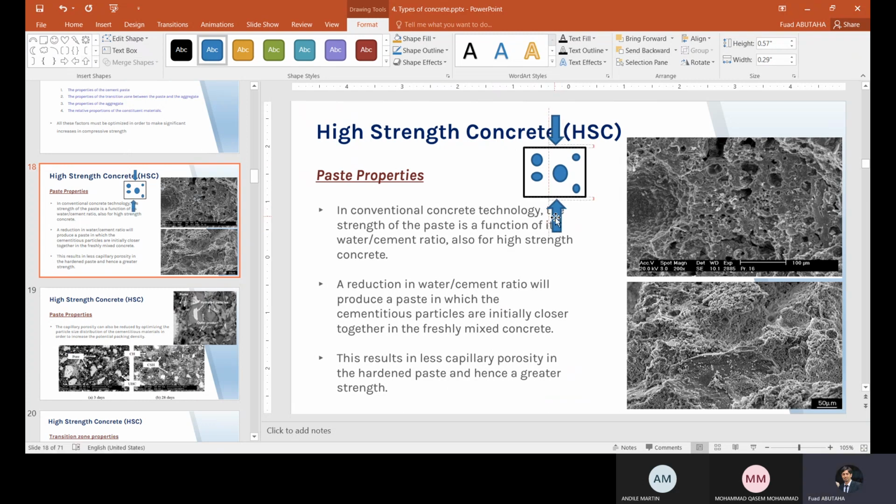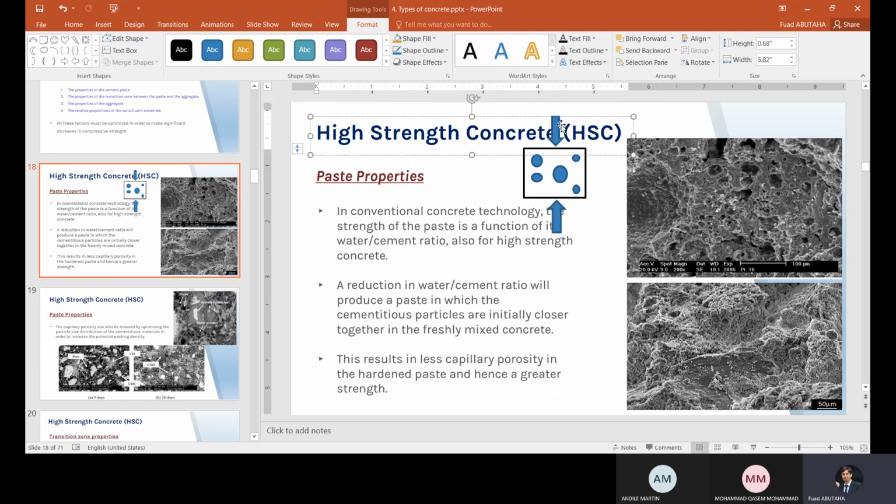Then we increase the load gradually until the concrete specimen or sample fails or breaks. Then we take the maximum load and divide it by the cross-section area, and we can calculate the compressive strength of the concrete.